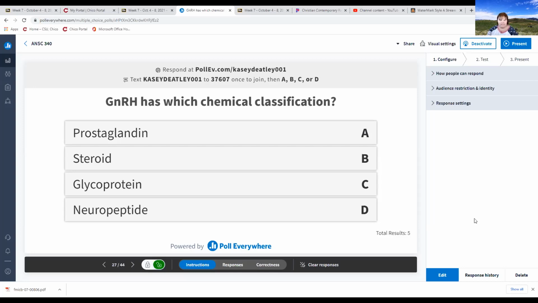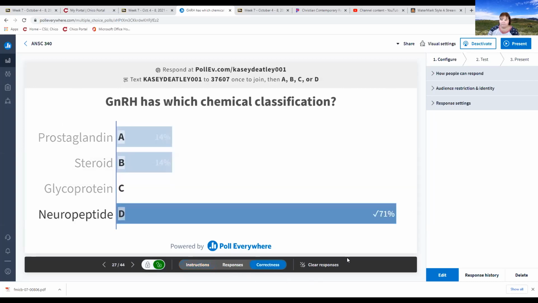All right, about 15 seconds to go. Okay, let's see what we got. Okay, yes, neuropeptide. So good job, guys.